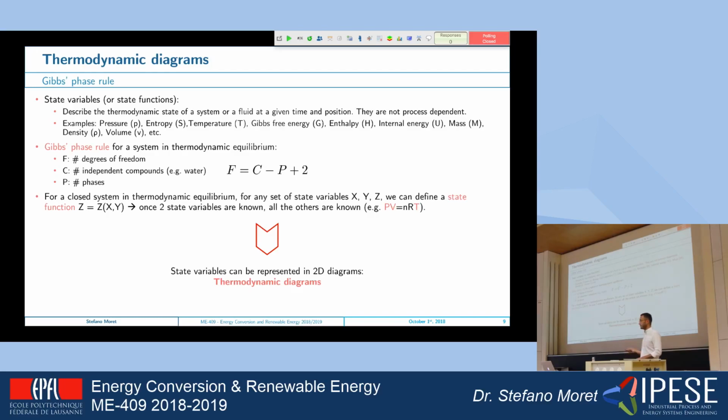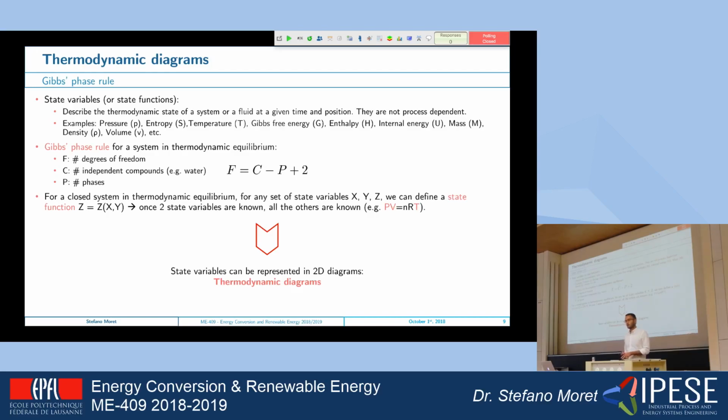So, for example, you might remember from your previous studies the famous law of gas, PV equals RT. P, V, and T are the 3 variables. If we know 2 of them, we will know also the 3rd one, okay? And this works for every state function of a closed system in thermodynamic equilibrium.